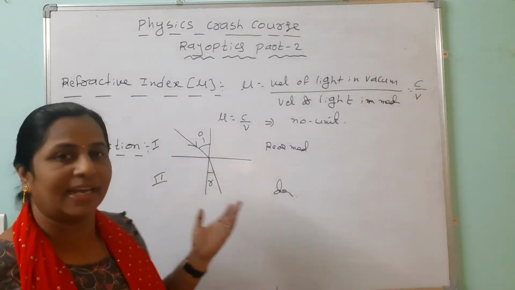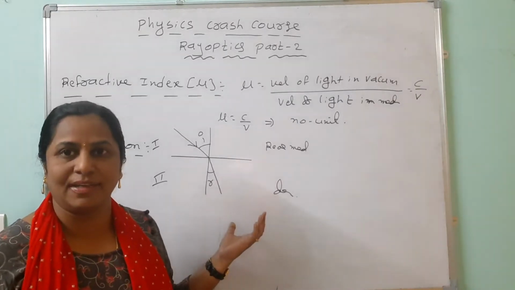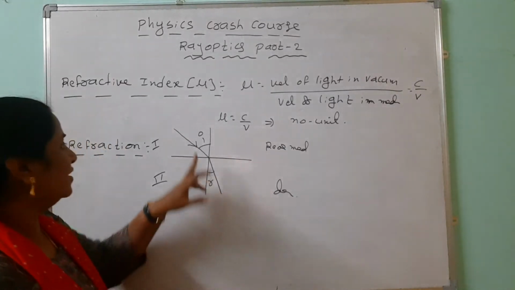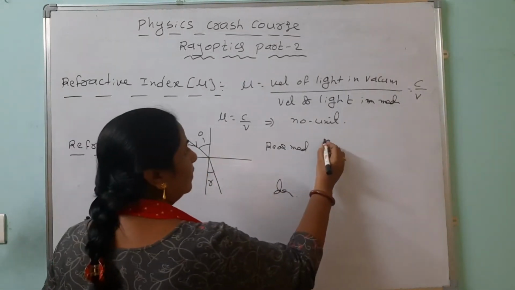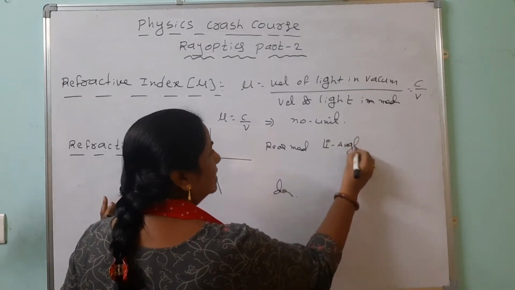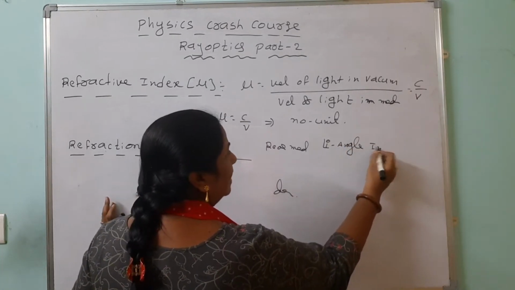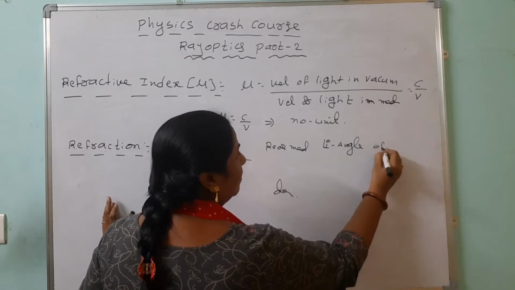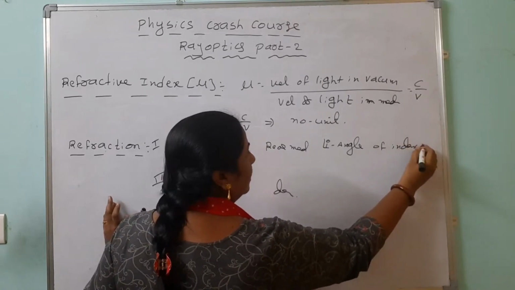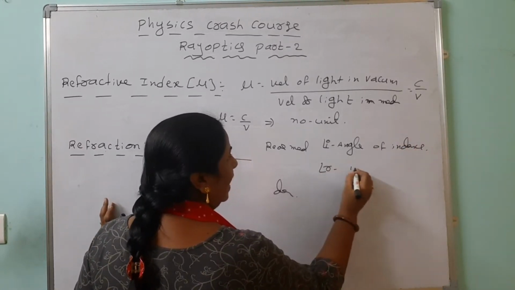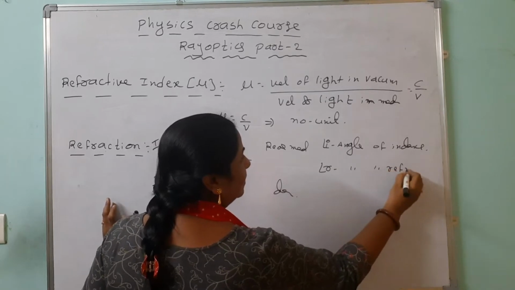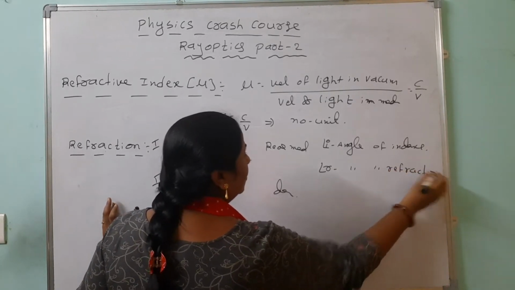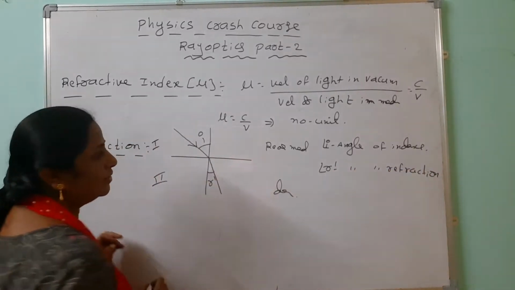Mostly we choose either r dash or r to represent this. So here i is the angle of incidence and r is the angle of refraction. If you want to show some difference, r dash also you can say.